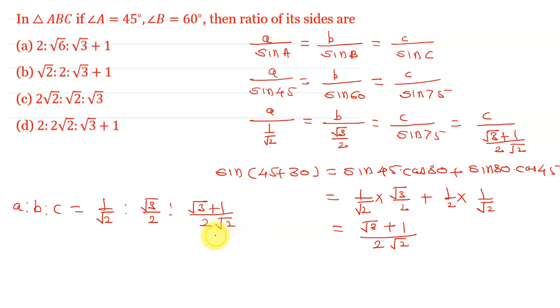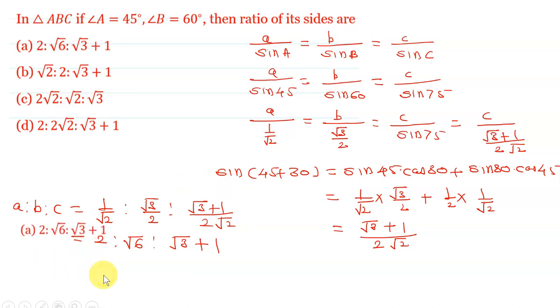Now multiply this ratio by 2 root 2, then you will get 2 root 2 times this, and if you simplify, you will have here 2 : root 6 : root 3 plus 1, and hence option A is the correct one.